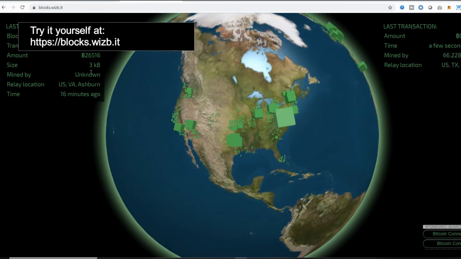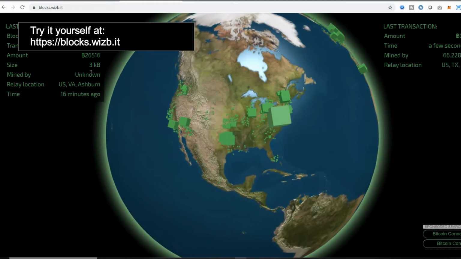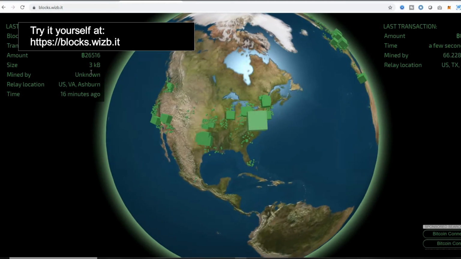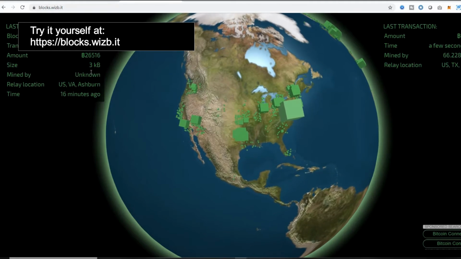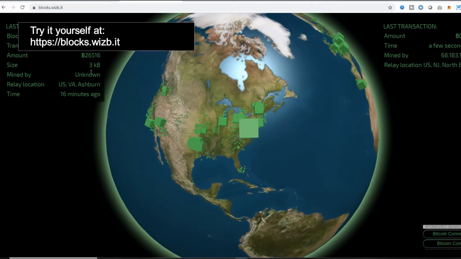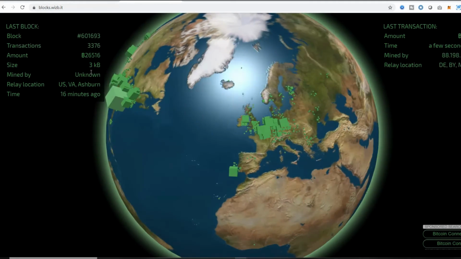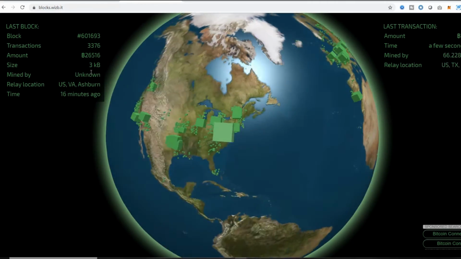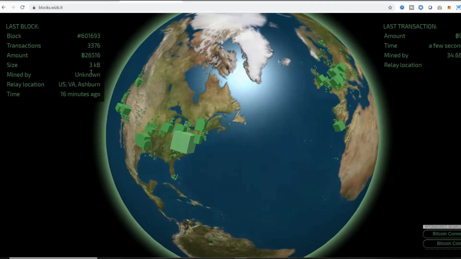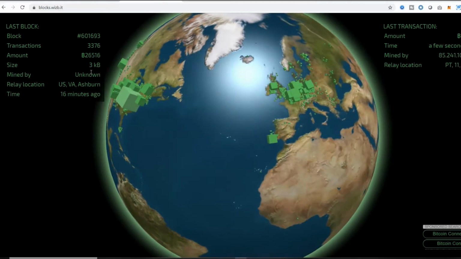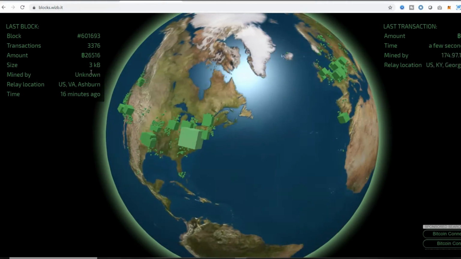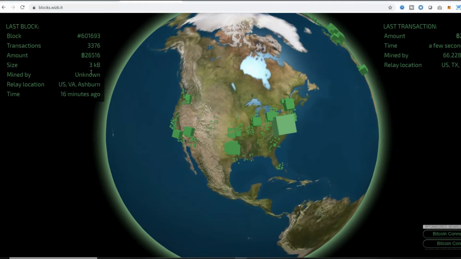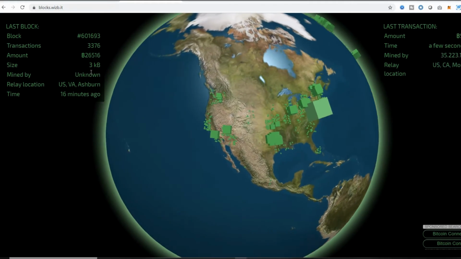This is found at blocks.wizb.it. And what it lets you see is transactions taking place all around the world. What it does is it moves the planet around to show you these transactions. In fact, whenever a new block is created, it is also reflected and it shows you where it was actually created. So it's a very interesting visualization of what's going on right now in the Bitcoin network all around the world.